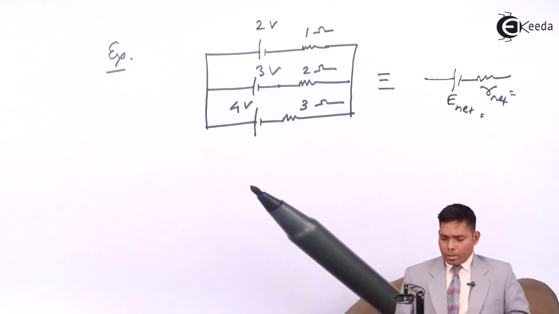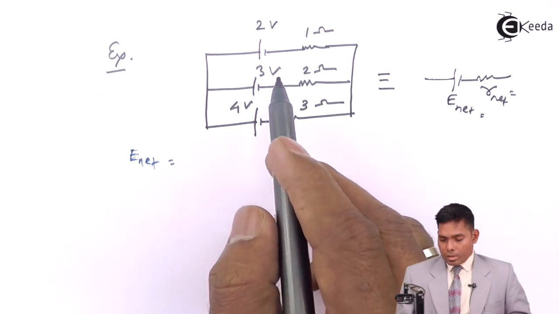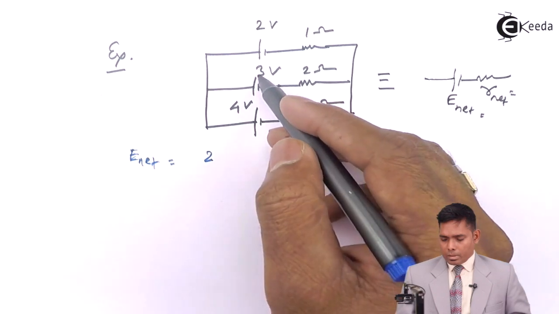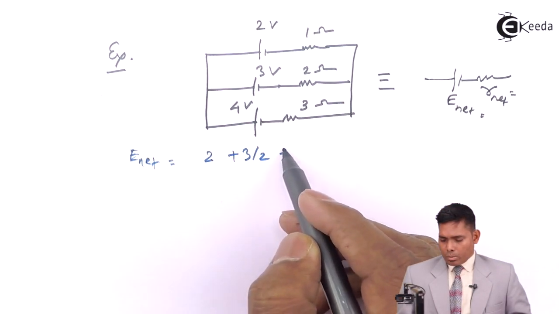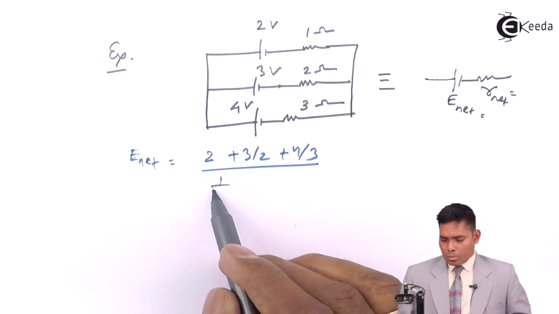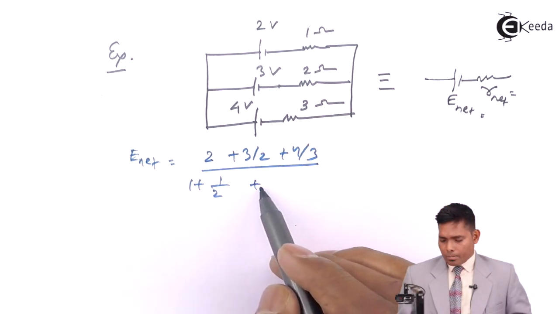Then we know that the equivalent EMF is this divided by this: E1 by R1, that is 2 plus 3 by 2 plus 4 by 3, divided by 1 upon 1 plus 1 upon 2 plus 1 upon 3.